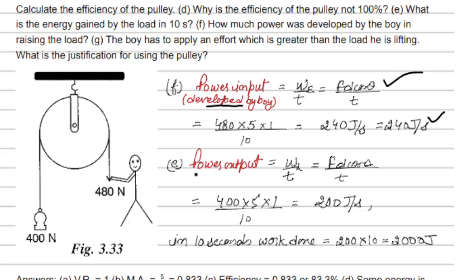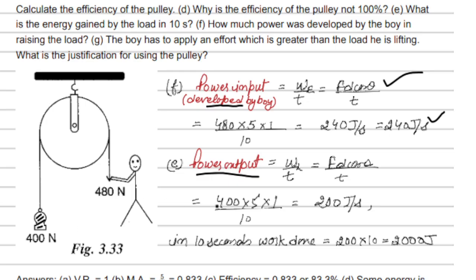Now what will be the power output, or what is happening here? They are asking us to calculate the work done on the load, or work output. So first we can calculate the power output, that is work done by the load. Because the velocity ratio is 1, if this is going 5 meters down, this has to go up 5 meters. So the distance moved by this load will also be 5 meters.